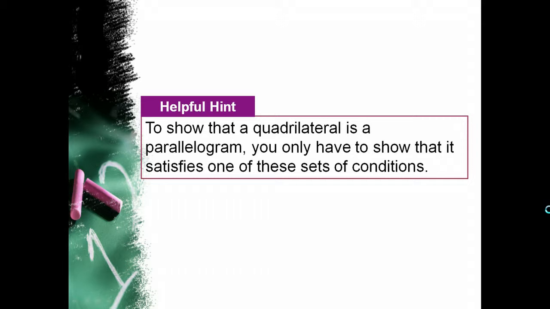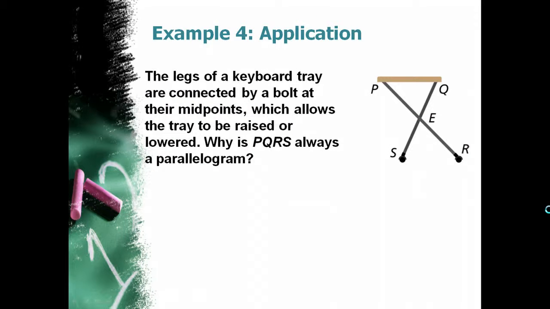To show that a quadrilateral is a parallelogram, you only have to show that it satisfies one of the sets of conditions. Let's look at an application problem. The legs of a keyboard tray are connected by a bolt at their midpoints, which allows the tray to be raised or lowered.